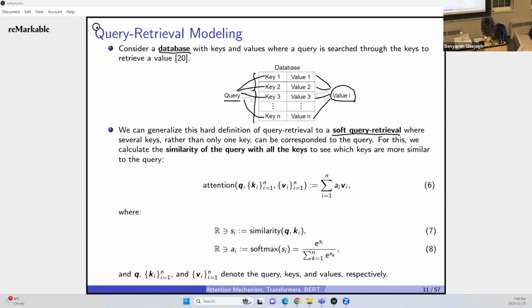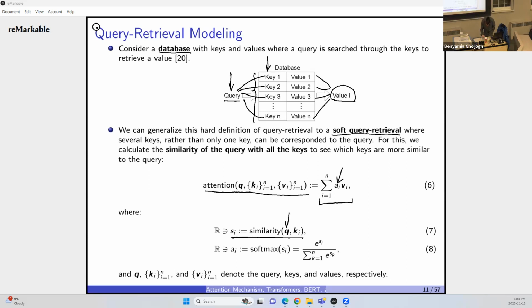So that's exactly what it is. The attention, as you see, is a linear combination of all of the values with the attention values A_i, right? A_i are the weights that I just mentioned. And how do we calculate A_i? First we calculate S_i, which is the similarity between the query and the keys.